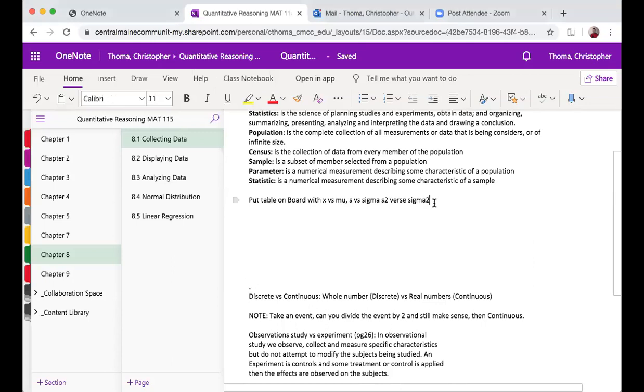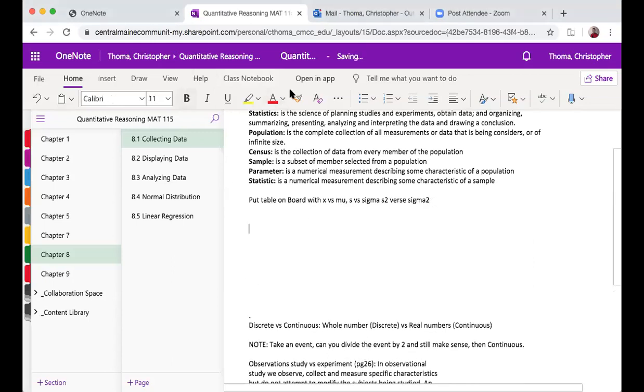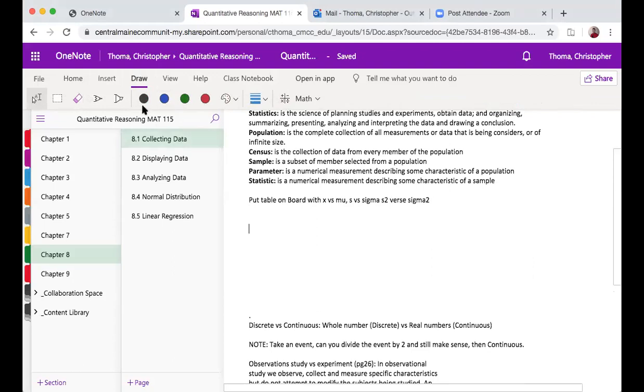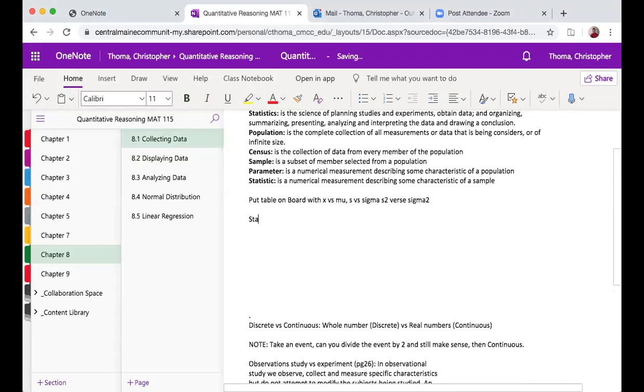So I'm going to try to give myself enough room to write here. Let's see, draw. Make me a little table here. I can write it first, that would be a little neater. Where's my cursor? There we go.